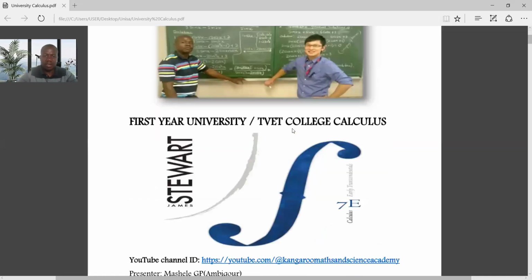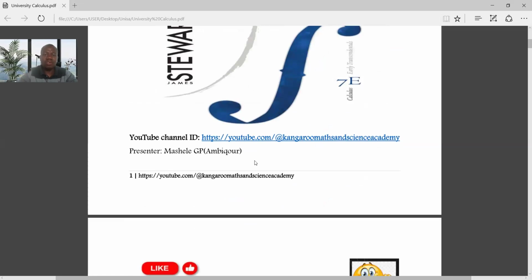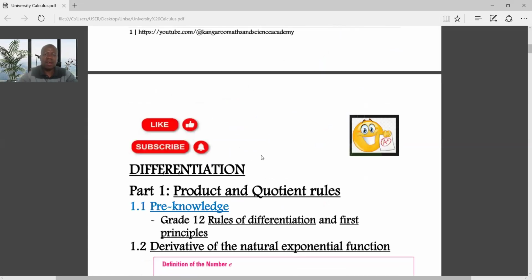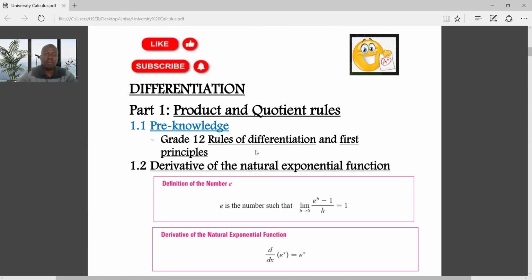Right. In part 1, we went through what is called the product and quotient rule, where we looked at how to find the derivative of a function when two functions are being multiplied to each other, which we call a product rule.